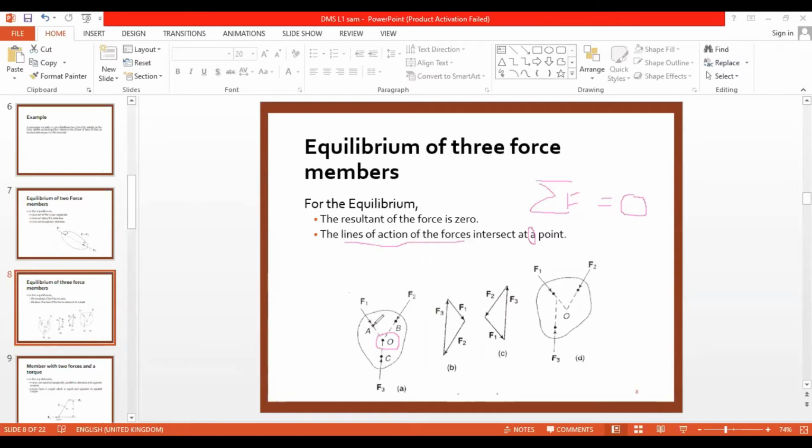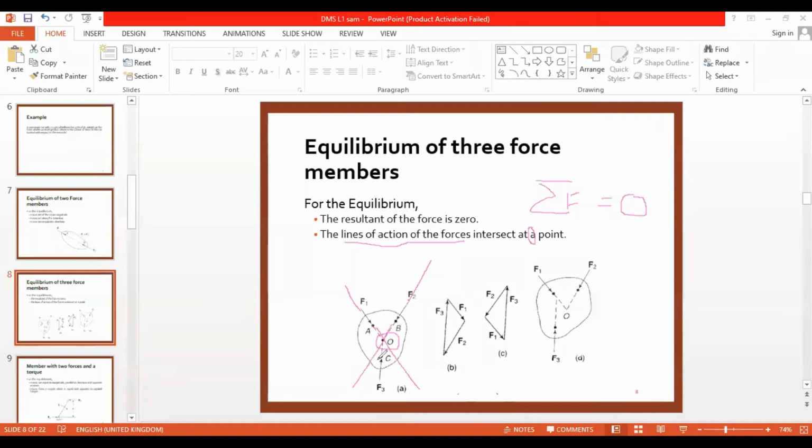If the force is acting here, if we need, we can extend the force either that way or this way. This is the line of action of that force. If the force F2 is acting at this particular point, we can extend it either way.